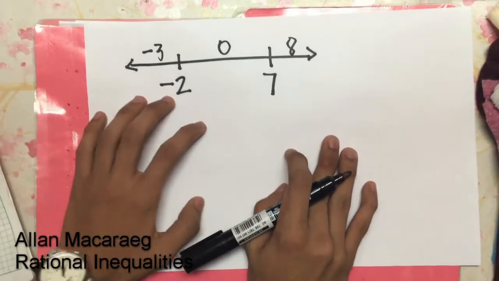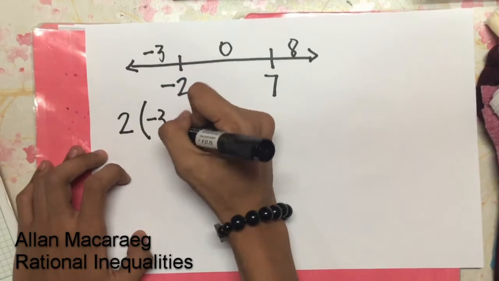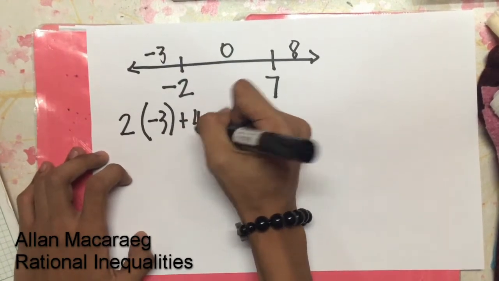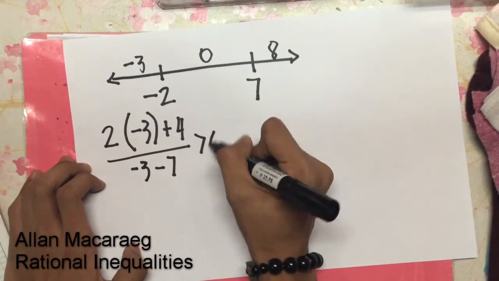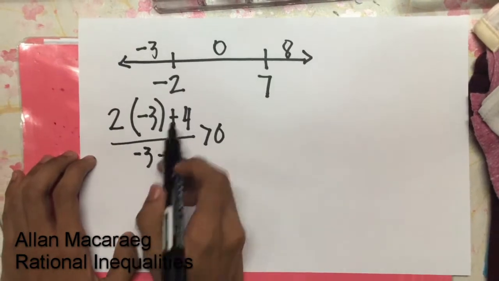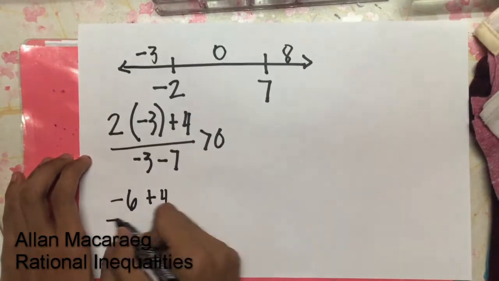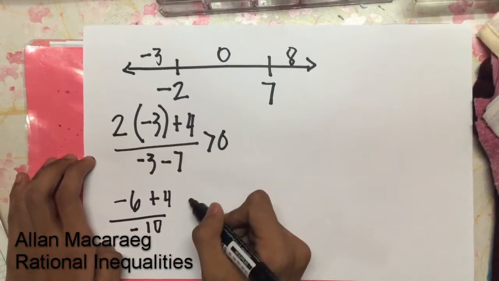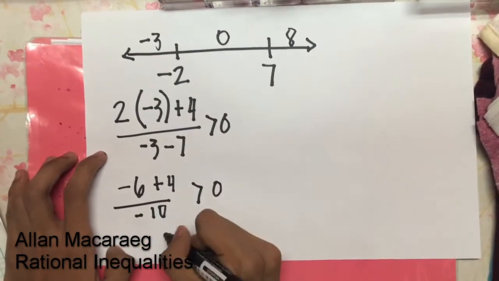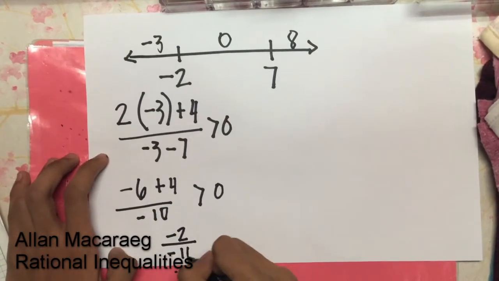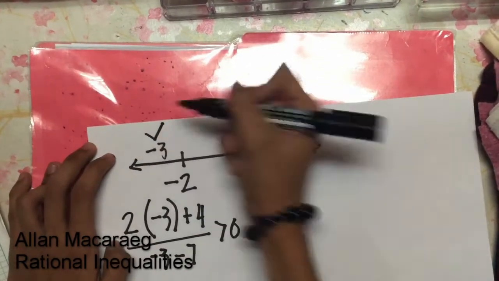To prove this is right, let's substitute like this. 2 times negative 3 plus 4 over negative 3 minus 7 is greater than 0. 2 times negative 3 is equal to negative 6 plus 4, and the denominator is negative 10. And negative 6 plus 4 is equal to negative 2 over negative 10. So this is right. Negative 2 is right. So let's check this.